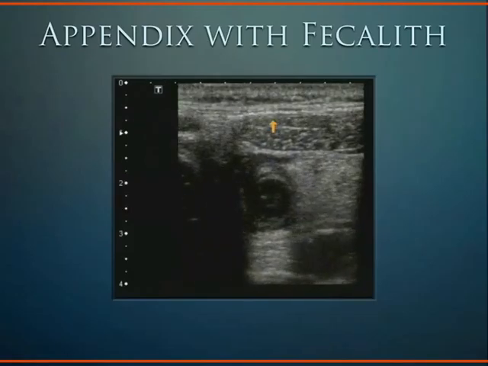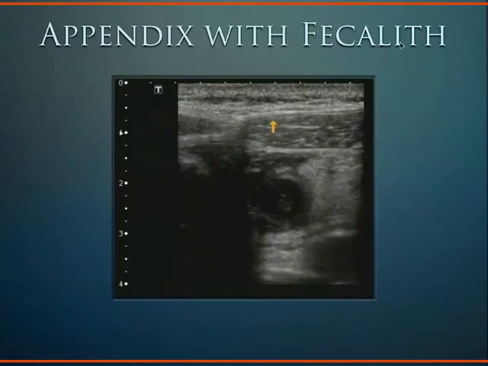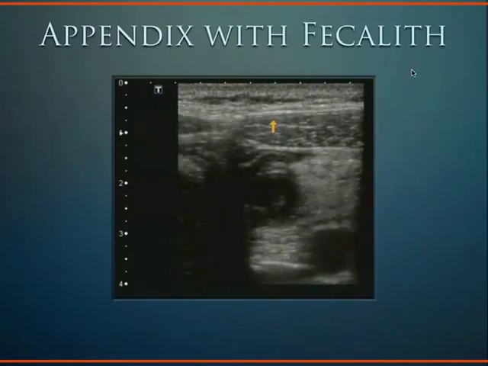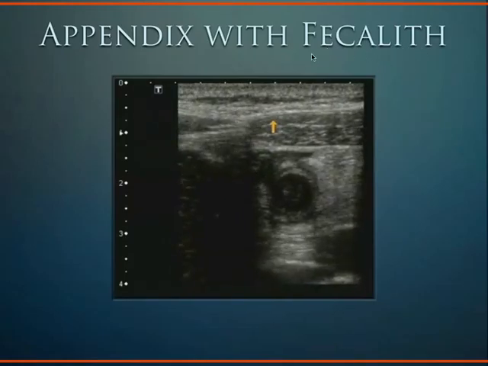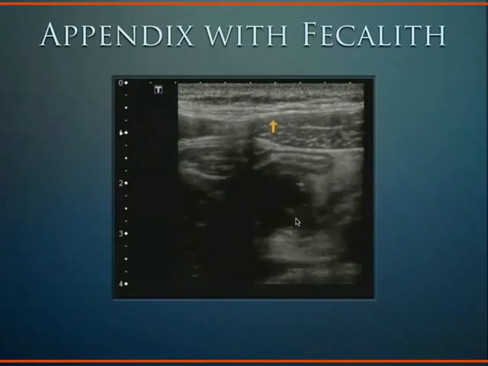Another example here, compressing. As we fan through this appendix, we may see something called a fecalith, or an appendicolith is another name for it. Translated, it means poop stone, and basically that's the cause of appendicitis in many cases.